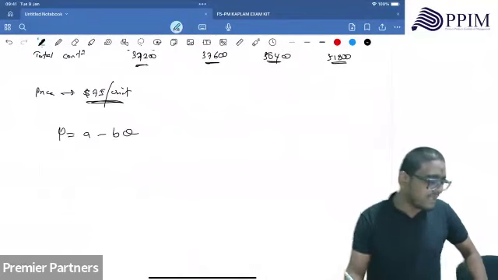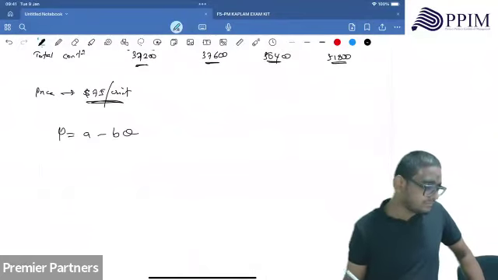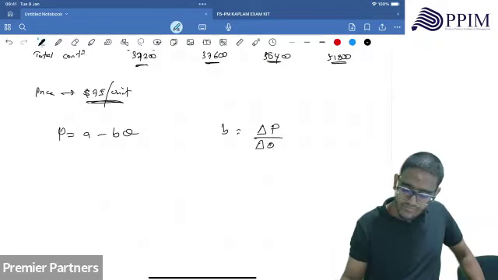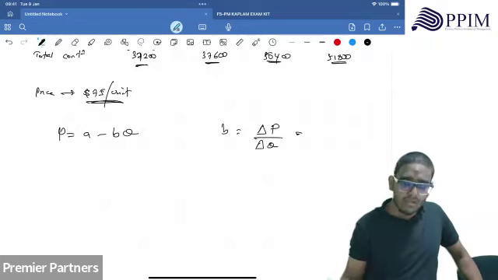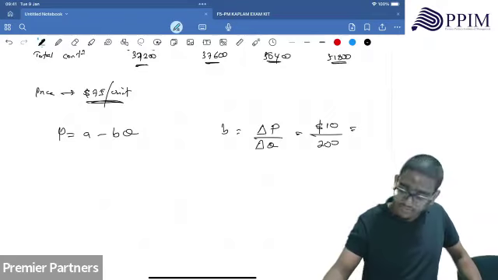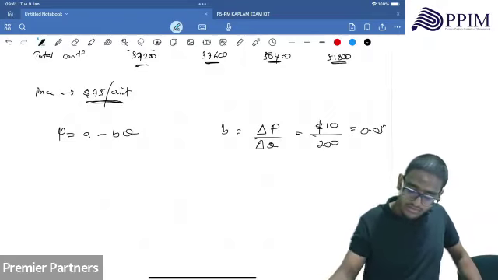So what is the value for B here? B is the change in price over the change in quantity. Change in price is $10, and it changes quantity by 200. So you get 0.05.